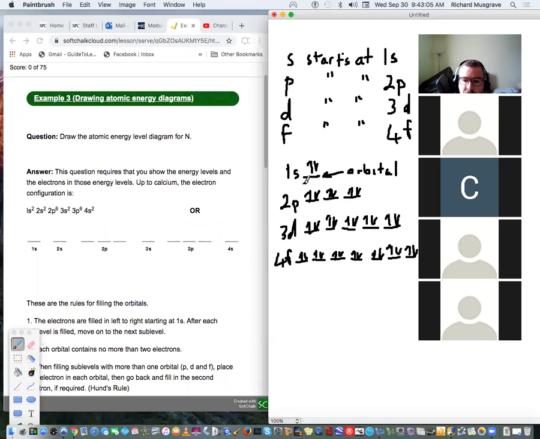The s's are always 1 orbital and the p's are always 3. So when we're setting it up, we can set it up the way we were reading it earlier. You can either set them up in a straight line like that, or I usually set them up as levels like this, but it's really the same thing.